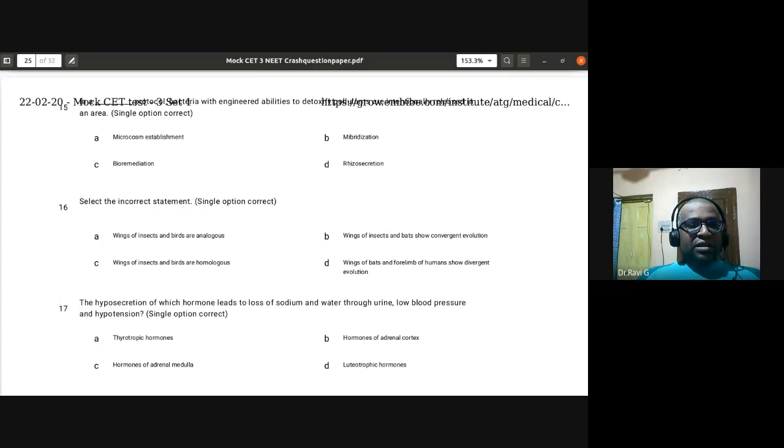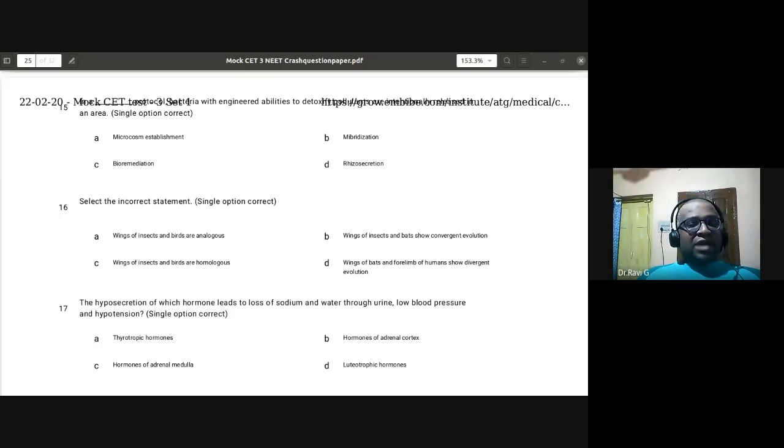So the 15th question: in a dash protocol, bacteria with engineered abilities to detoxify pollutants are intentionally released in an area.